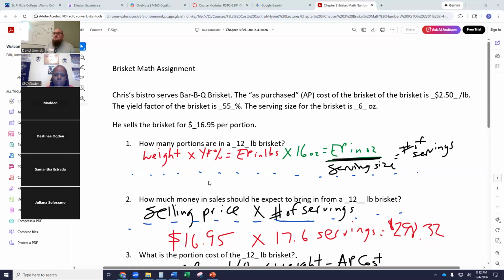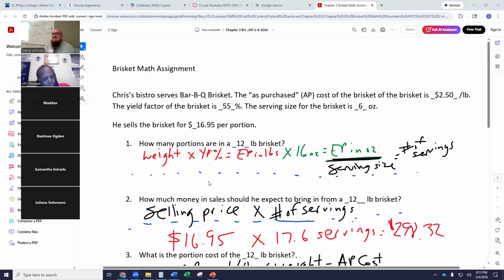So our formula, I want you to write this out. The weight times the yield factor percentage is equal to our edible portion in pounds.